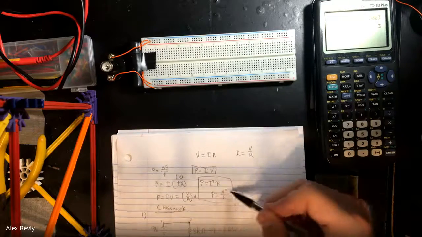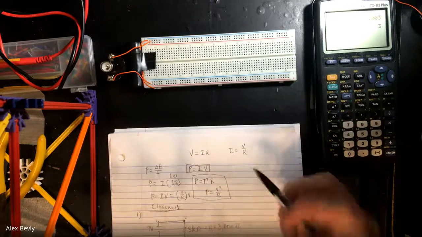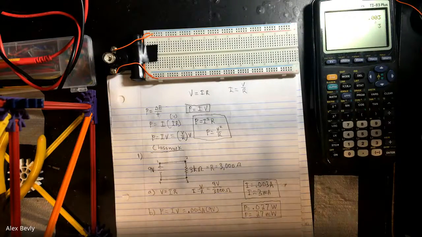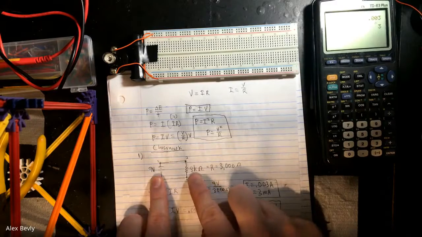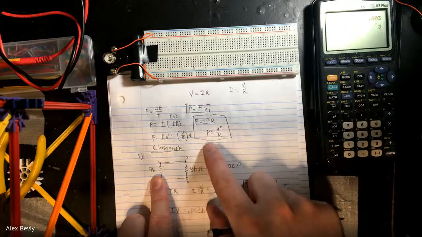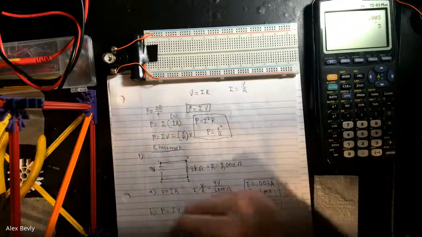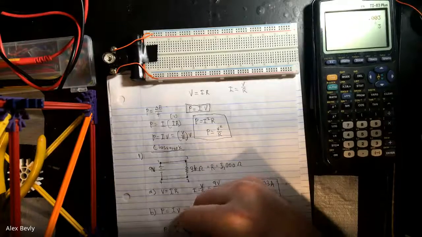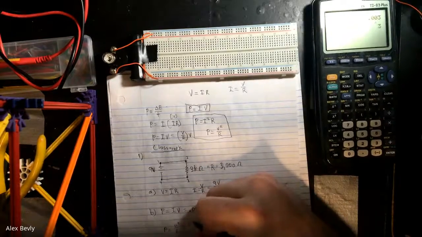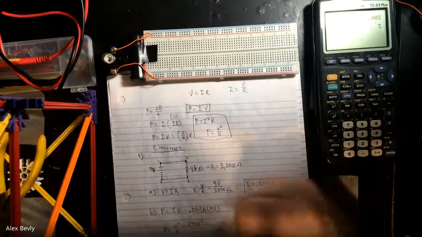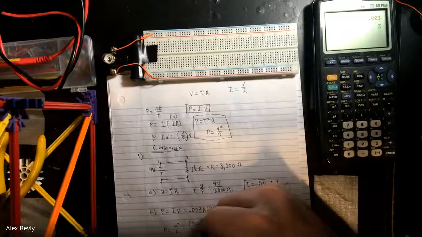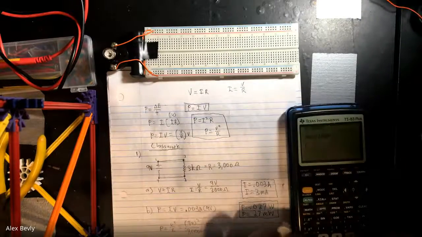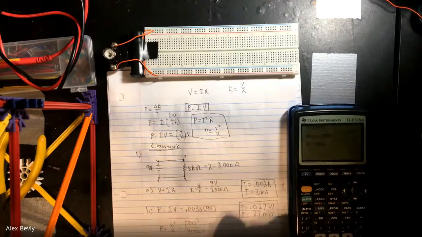There's going to be other times where it's way more useful to use these two equations. So when I set this up, all I know immediately, I'm given my voltage and resistance. So it might have been nice just to go to this equation. Power is voltage squared divided by resistance. I provided 9 volts. So 9 volts squared divided by resistance of 3,000 ohms. 9 squared divided by 3,000.